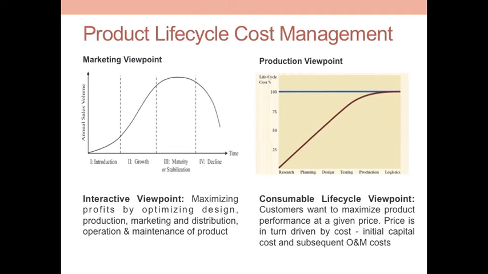As far as customers are concerned, they want to maximize product performance at a given price. Price, in turn, is determined by your cost of production. The interactive point of view basically reconciles these different points of view and says the objective really is to maximize profit by maximizing sales and minimizing costs.